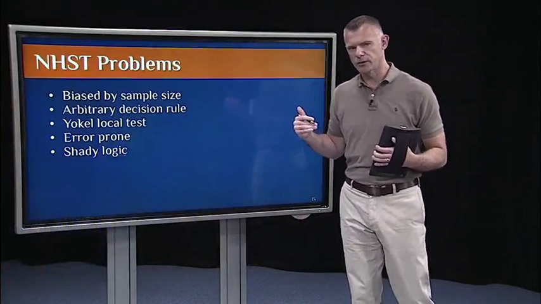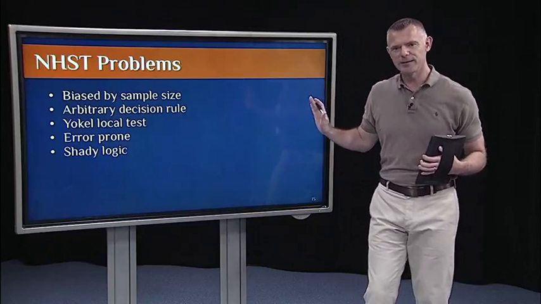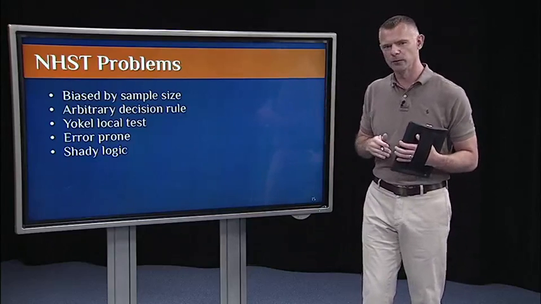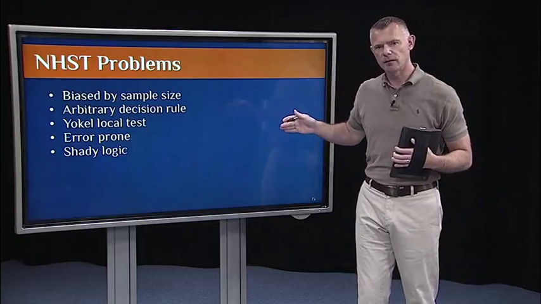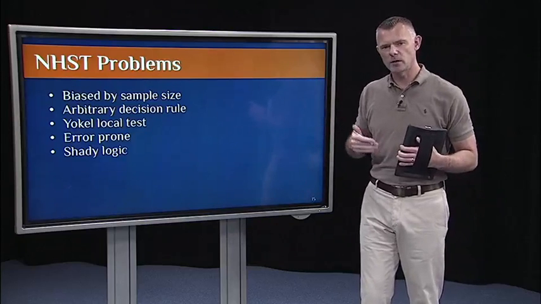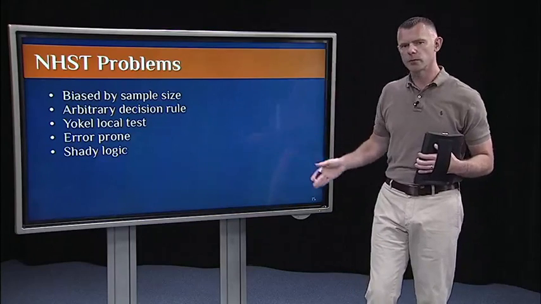Hardcore critics of NHST would probably list more, but I just listed what I think to be the 6 primary problems with NHST. I'll go through each of these in turn, and then after I go through the problems, I'll talk about ways to overcome those problems, what I call the remedies. So let's just go through the list.